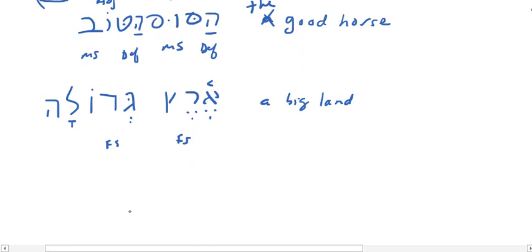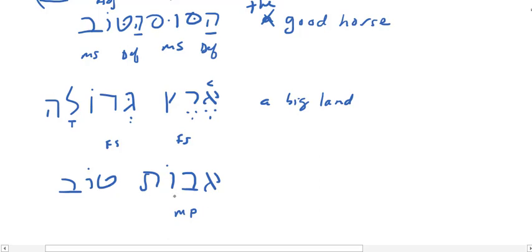And to give you another example, if I had something like avot. Okay, remember the word av is father. Avot is fathers. Is avot masculine plural or feminine plural? It has what looks like a feminine plural ending, but it truly is masculine plural. Okay?